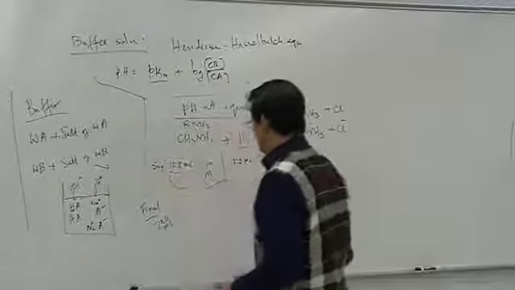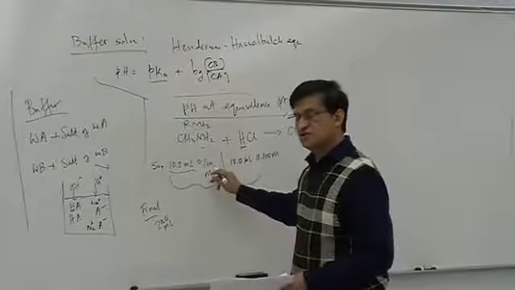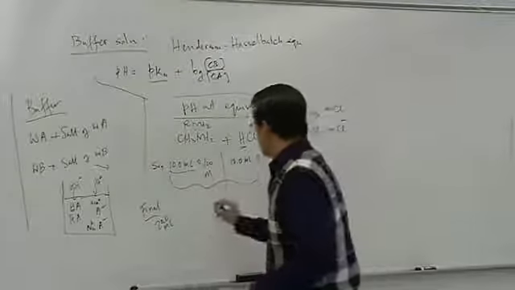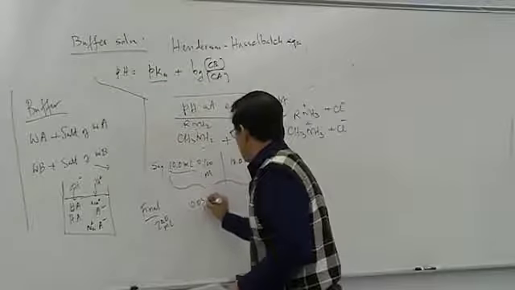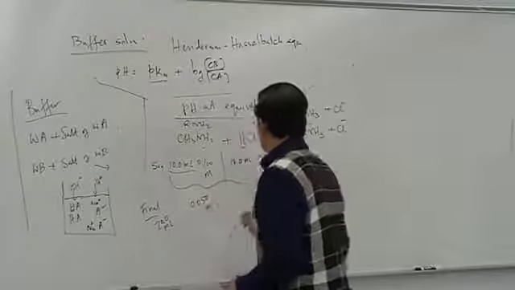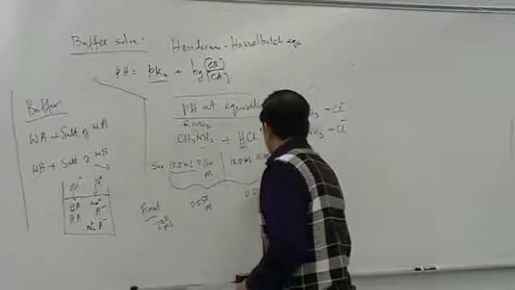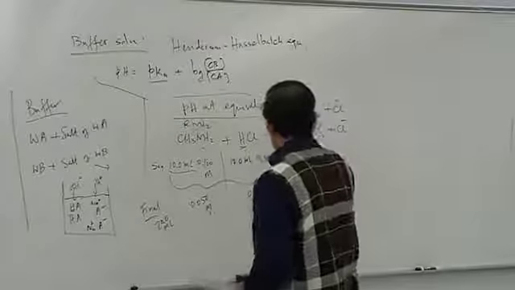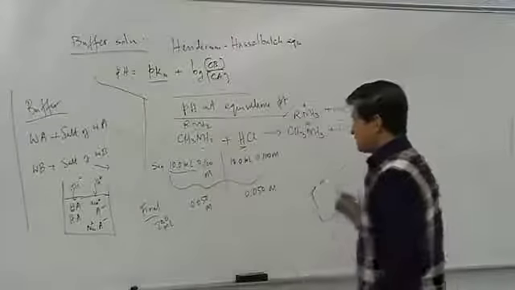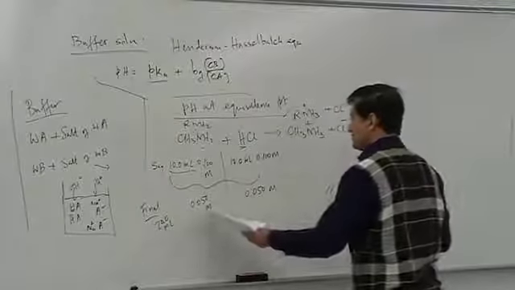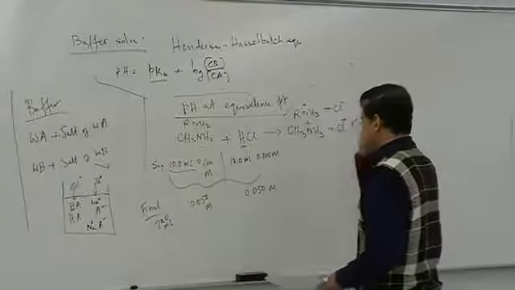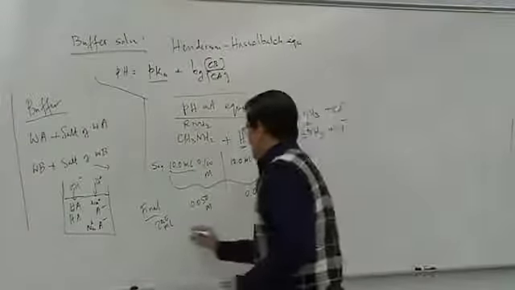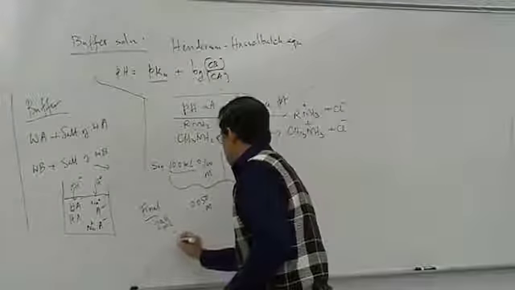That means my volume is double, so the concentration will be 1/2 of this value. So it would be 0.050 molar of this. Now this is a one-on-one reaction. If I have 0.050 molar of this and 0.050 molar of this, at the end, there will be nothing left.